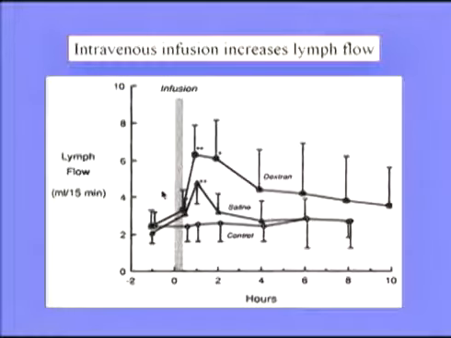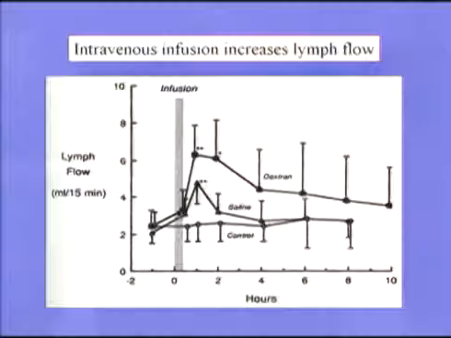Now, that's an interesting point, and there's a historical point here that I'm just going to make briefly, and that is that when I was a medical resident, admittedly a very long time ago, we believed that the capillary pressure in the lung could be raised to quite high levels before any edema occurred. And the reason why I was taught that is that we saw patients with mitral stenosis, which was a relatively common disease in those days, who had very high pulmonary capillary pressures, but no evidence of alveolar edema.